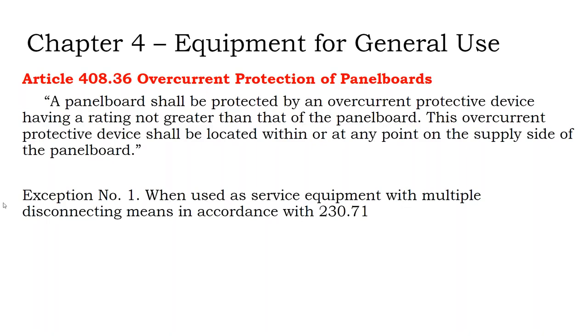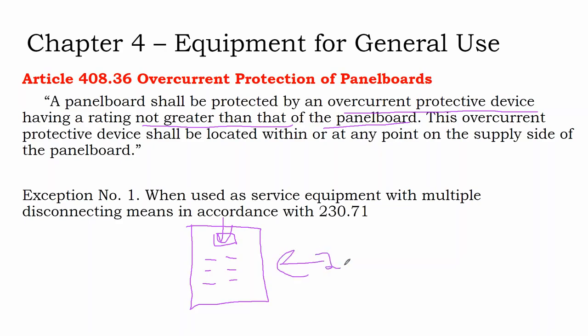Overcurrent protection of panel boards. So what does that mean? Well, we have a service panel with its breaker slots, and then we have our main breaker. That's our overcurrent protection for our panel board. It says the panel board shall be protected by overcurrent protection having a rating no greater than that of the panel board. That makes sense. If it's a 200 amp service panel, we can't have a 240 amp main breaker, otherwise it's not going to be compliant.